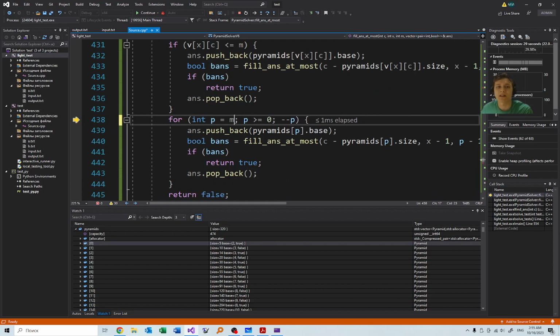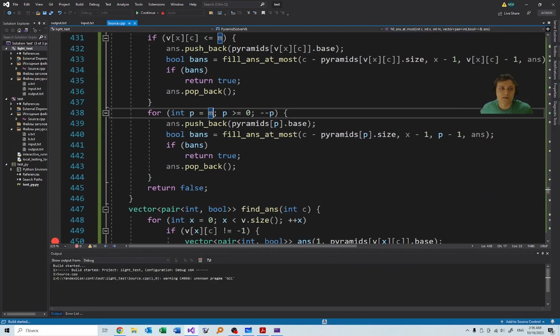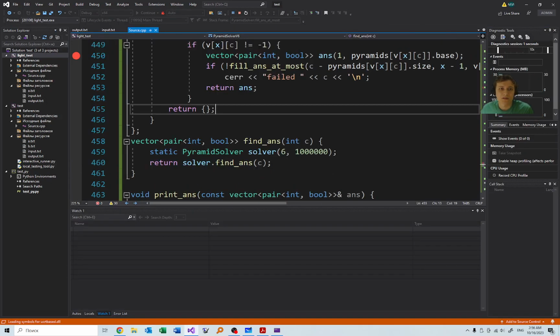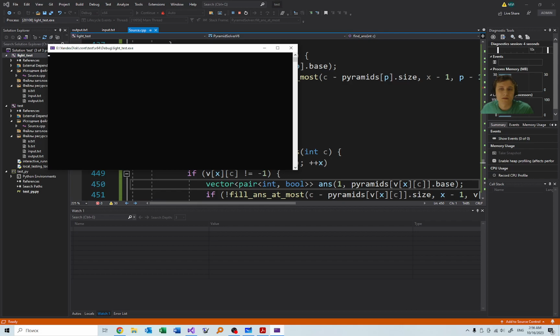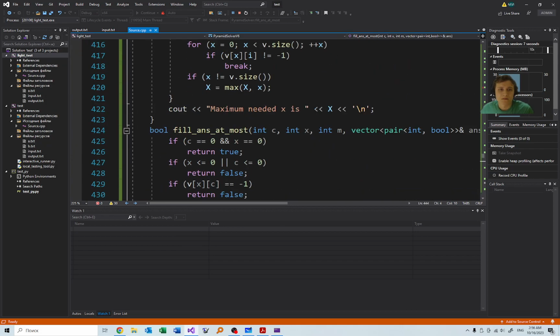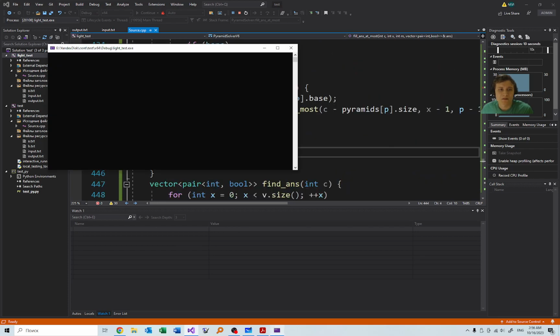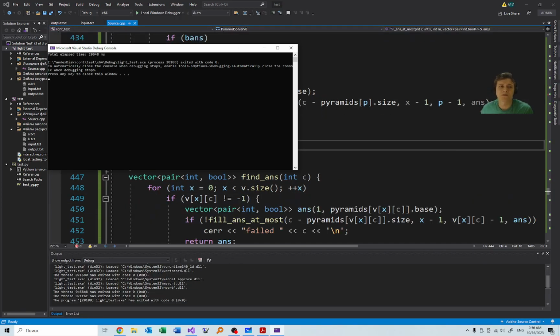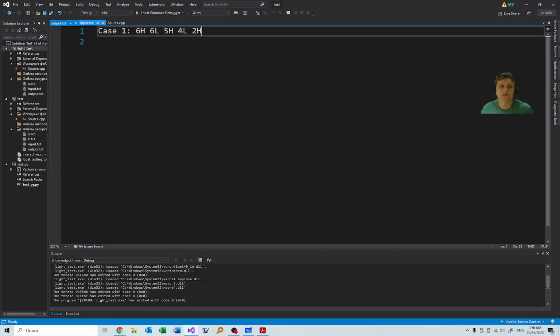Ah, I should start with M here, of course. Oh, this was so stupid. Why did I make this stupid bug? Dude, why are you so slow? Now it works.